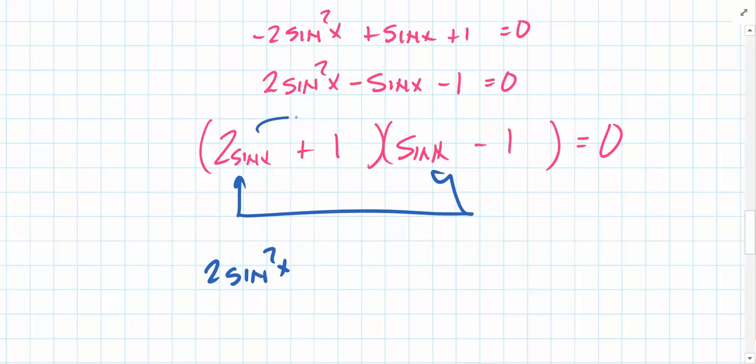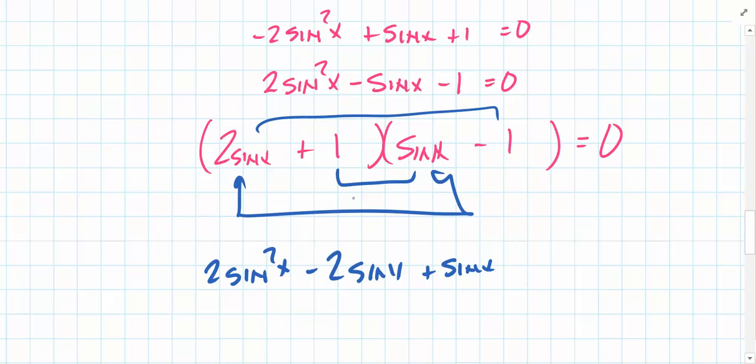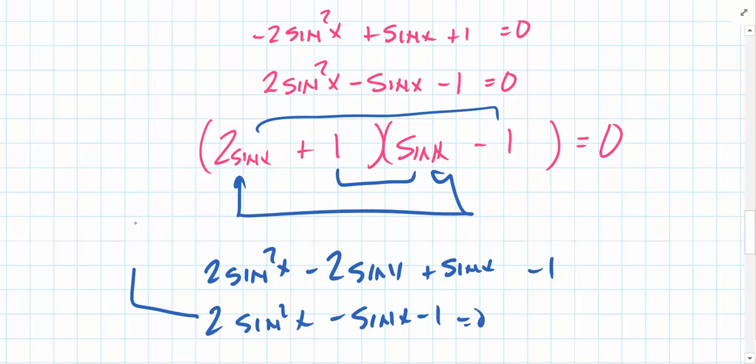Outer, what do I get? Minus 2 sine x, right? Inner, plus a sine x. And then finally a minus 1. Well, that's right. 2 sine squared x minus sine x minus 1 equals 0. That's exactly what we have there. So we must have factored it right. So this is the correct way to factor it.